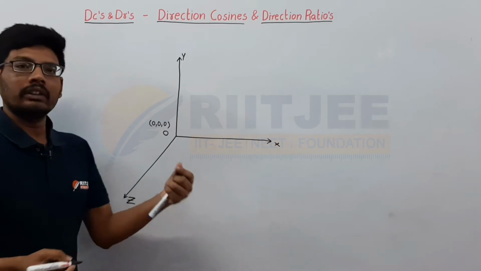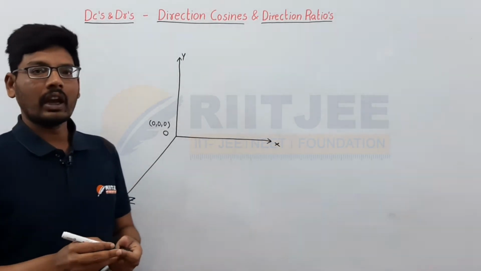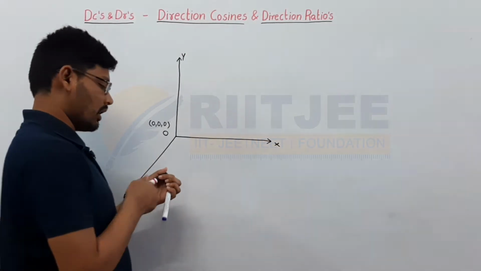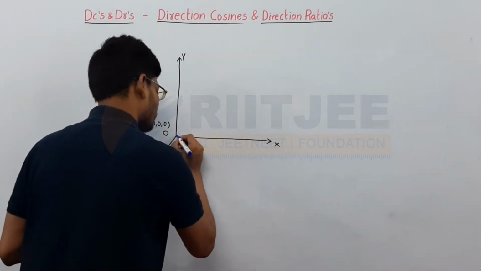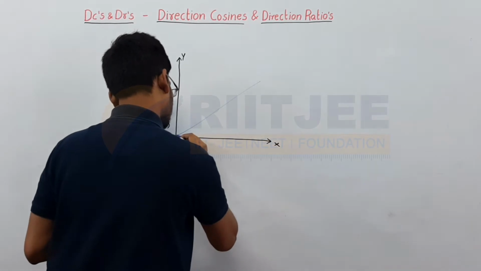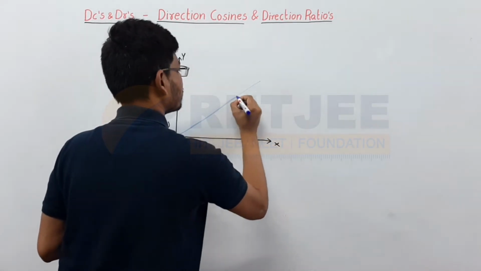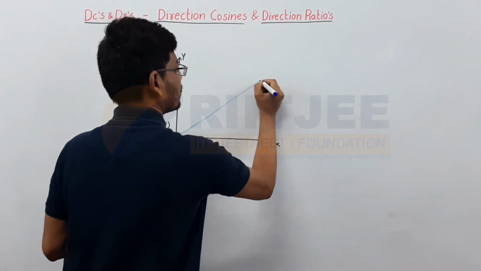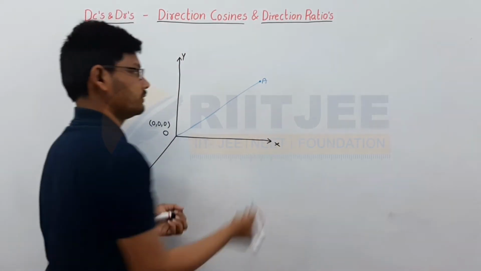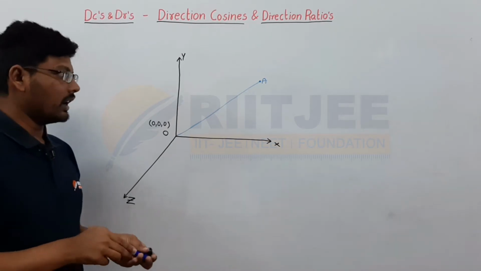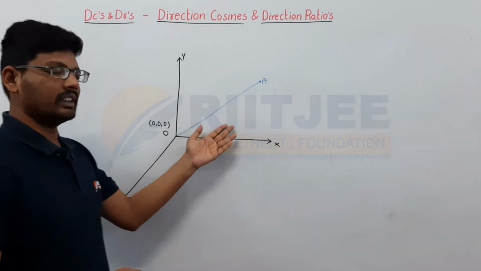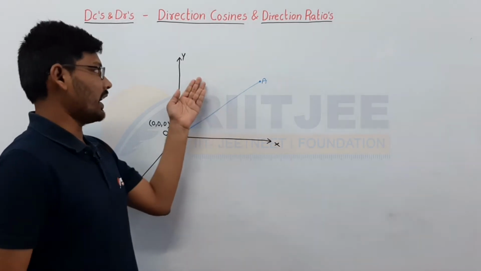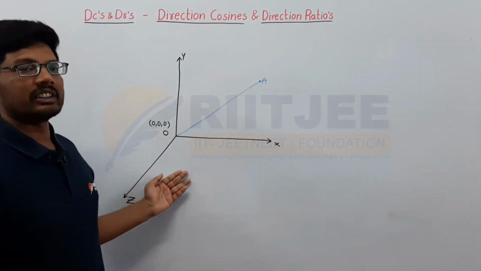When you take a 3D coordinate system and a line is taken from the origin, this is the line I am taking here. This is point A, and this line is making some angle with the X axis, Y axis and Z axis here.